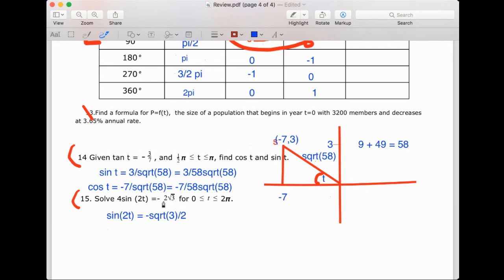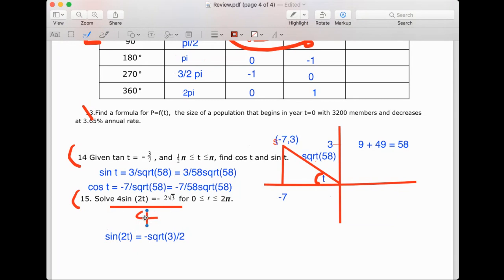I divided by 4 on both sides. Why did you flip the 2 square root of 3? Well, I did not flip. I just divided by 4 on both sides. You see, 4 divided by 4 is 1.